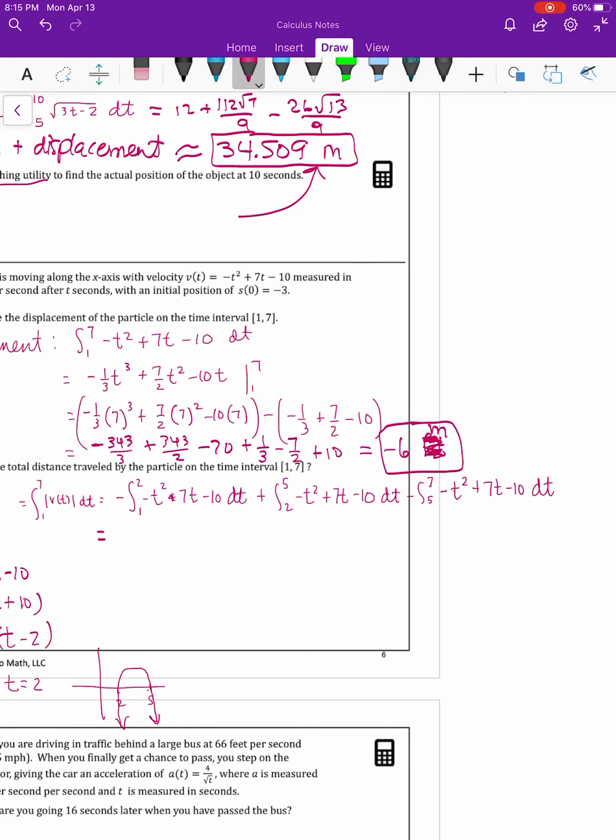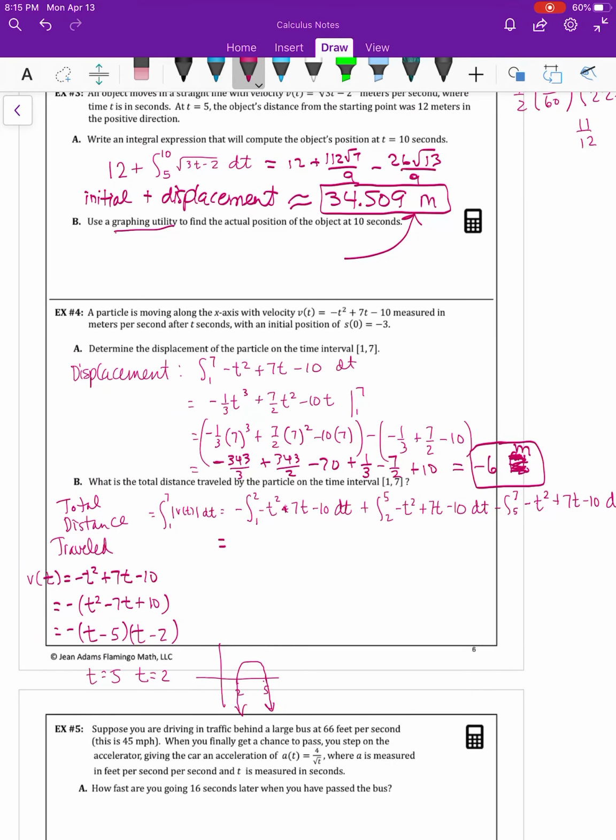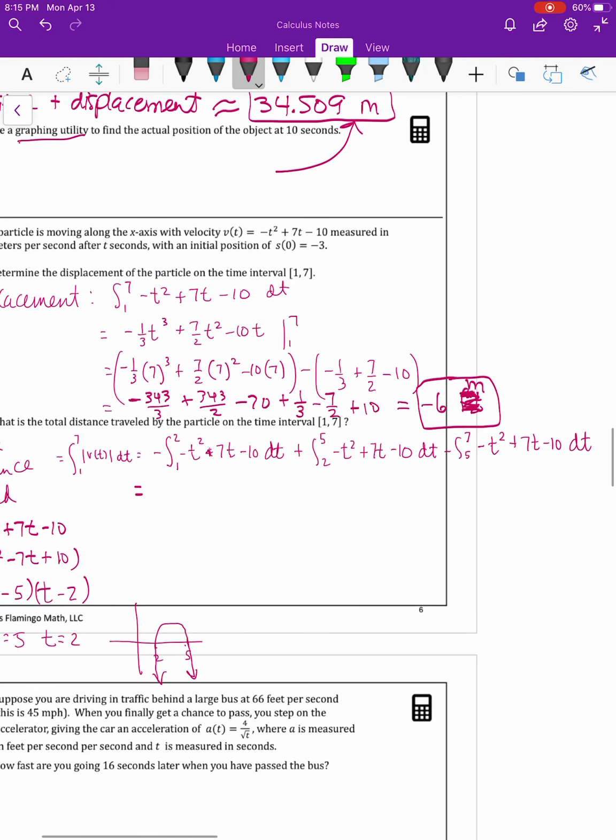And that's how you split those up to calculate your absolute value without a calculator. And I did all this without a calculator, right? They'll set these problems up so that you can find those zeros, so that you can do it without a calculator.